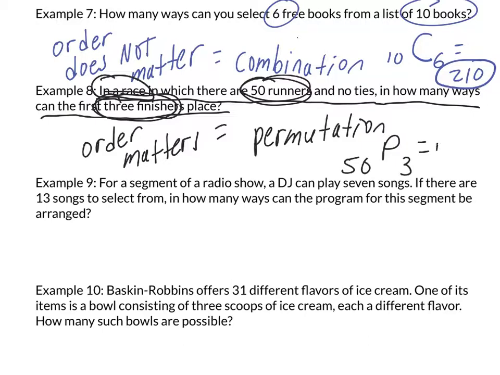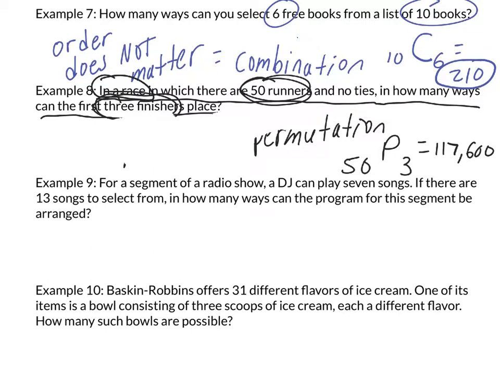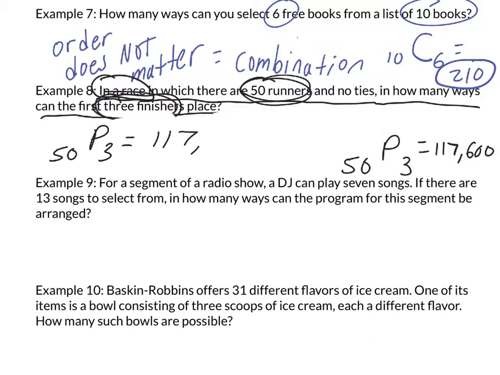You should be getting 117,600 as the final answer here. In fact, let me go ahead and erase and move this answer over. So we did 50, permutation 3, and we get 117,600 after you type that into the graphing calculator.